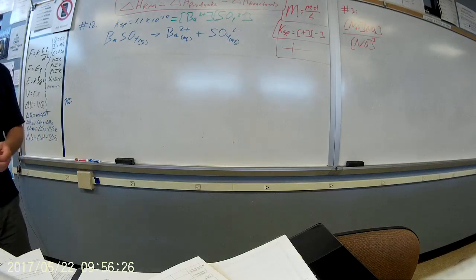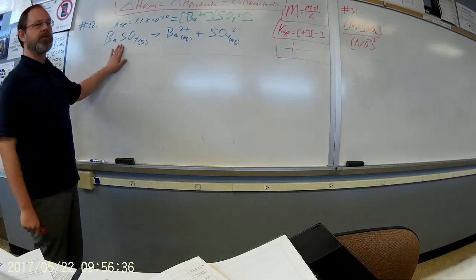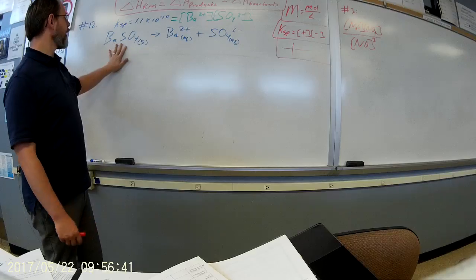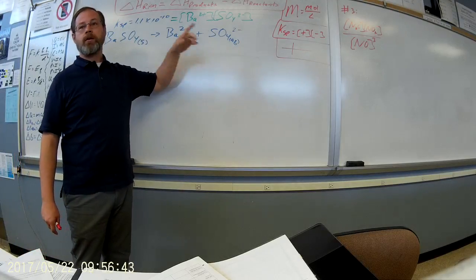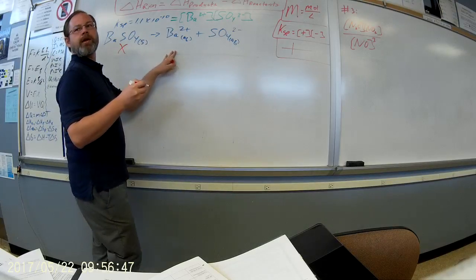Now we need to use that equilibrium expression to determine how much barium sulfate we can add, or we can dissolve. And to do that, we have to ask ourselves, for every 1 barium sulfate, how many bariums do we get? 1. For every 1 barium sulfate, how many sulfates do we get? 1. So for every X barium sulfate, how many bariums do we get?